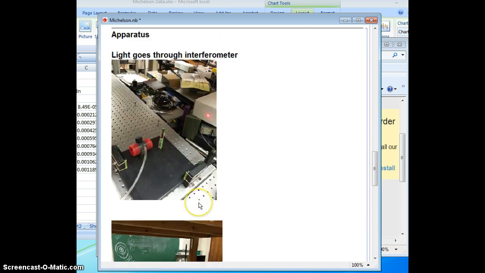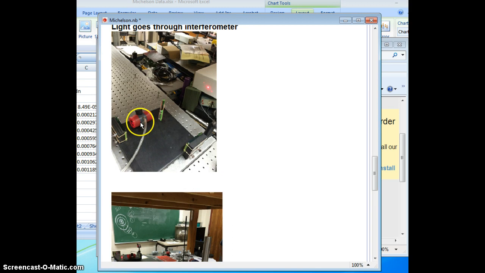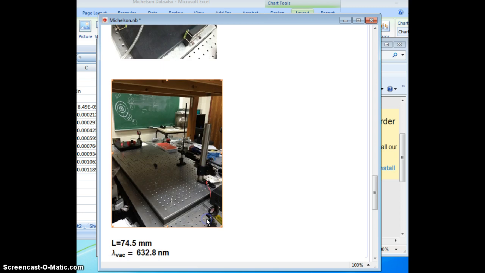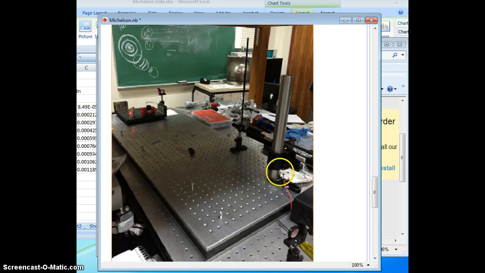There are some pictures we took of our setup. In this one, there's the optical chamber. So basically, you've got light, and this shows it well, maybe not so well. Let's enlarge that. So we've got the laser there. It's bouncing off a mirror, another mirror right there, and then it lands right here on the beam splitter.